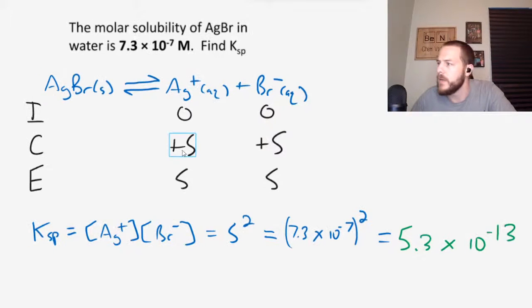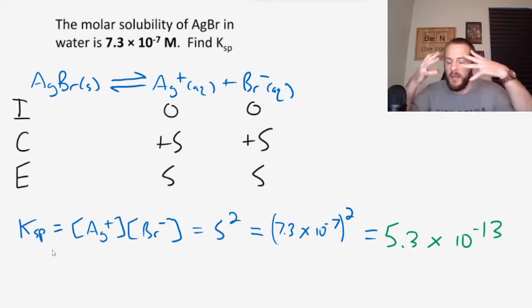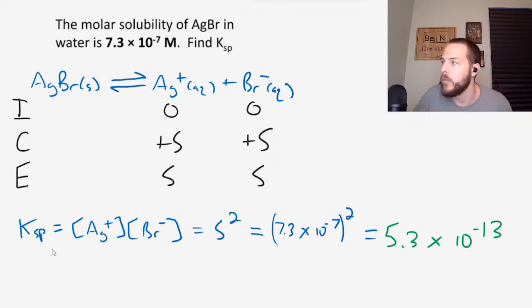So again, it's basically the same problem as before, although instead of going from Ksp to molar solubility, we went from molar solubility to Ksp. So it's the same process, just a different known and different unknown, but you use the same relationship, the same algebraic equation, to solve for your unknown. So that's the solubility product constant and molar solubility.